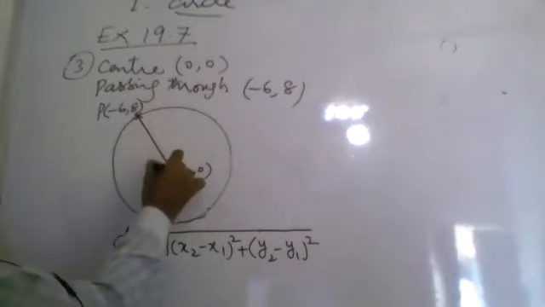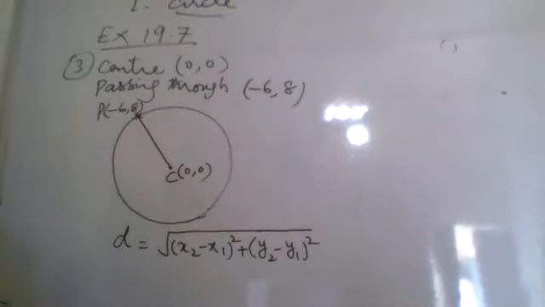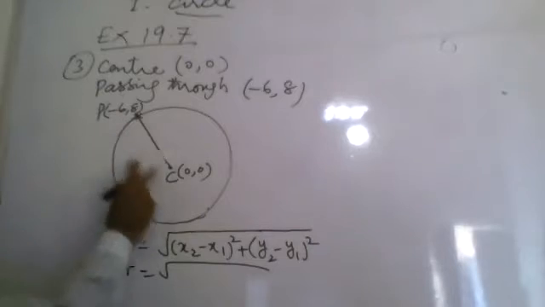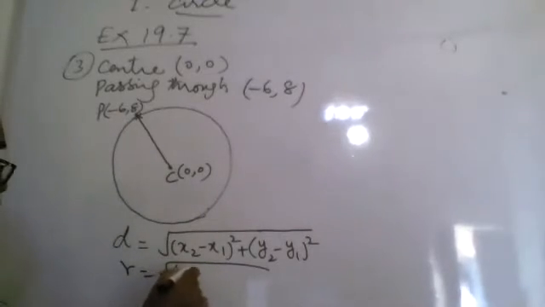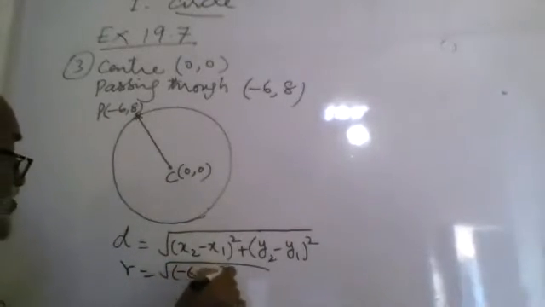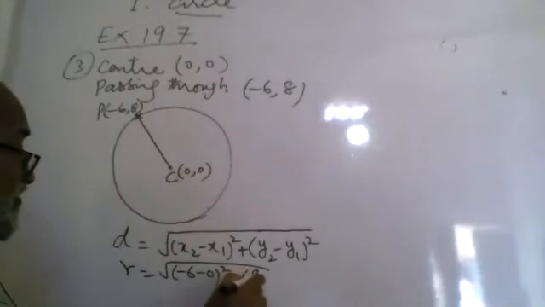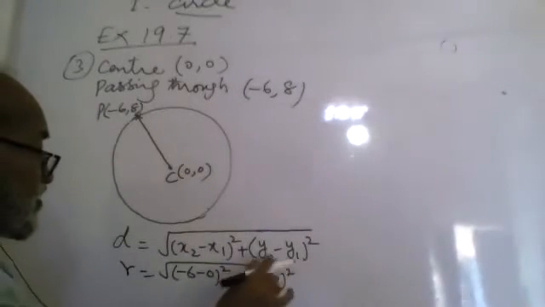So we will find the radius by using the distance formula. Radius will be equal to square root of (minus 6 minus 0) whole square plus (8 minus 0) whole square.